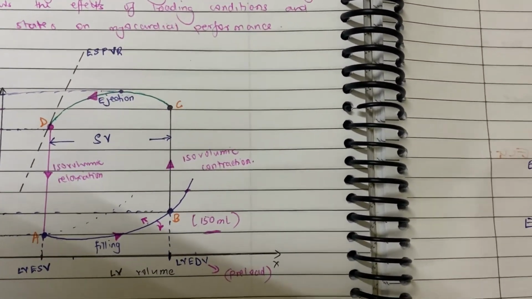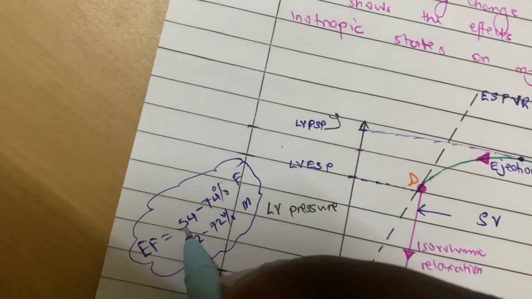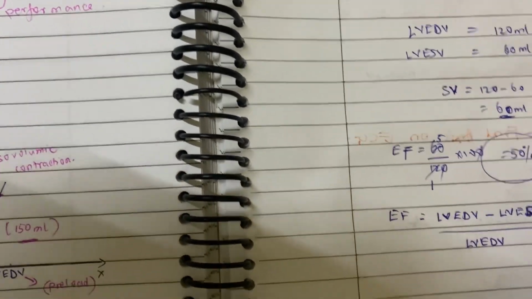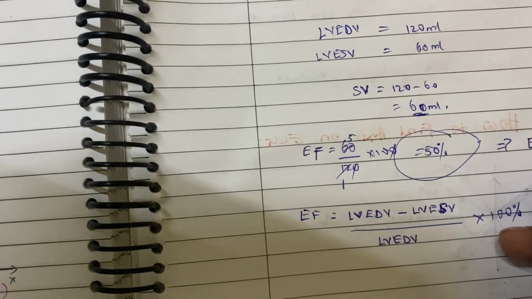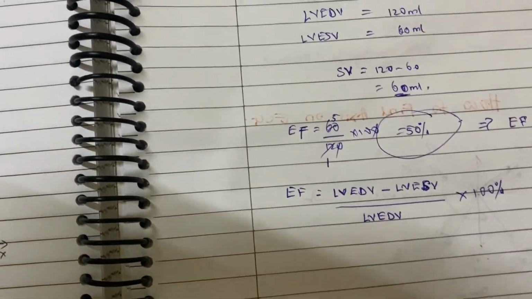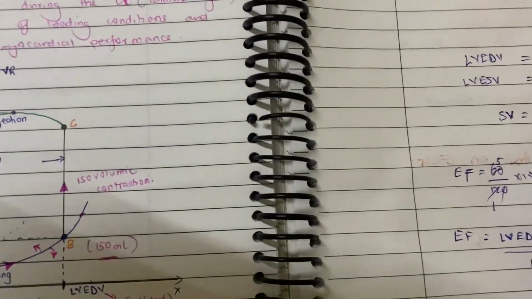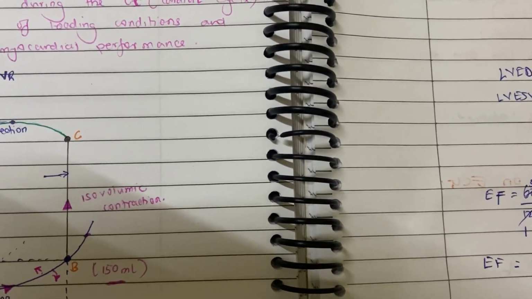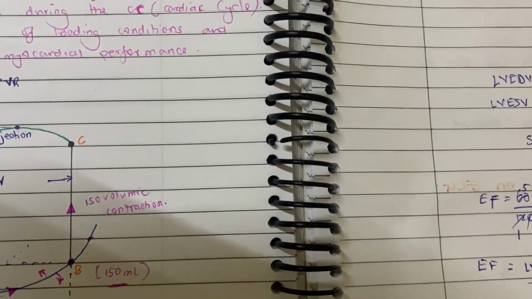If ejection fraction is 50%, that is below the normal for females and males. So this is reduced ejection fraction. In this we say EF is decreased. So in this case, we would need maybe around 80 ml to be ejected, or 90 ml to be ejected.